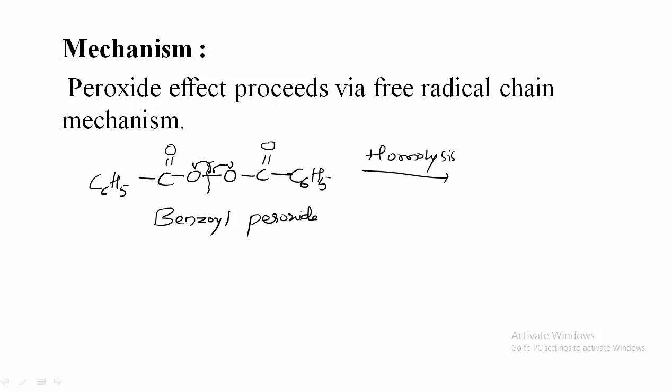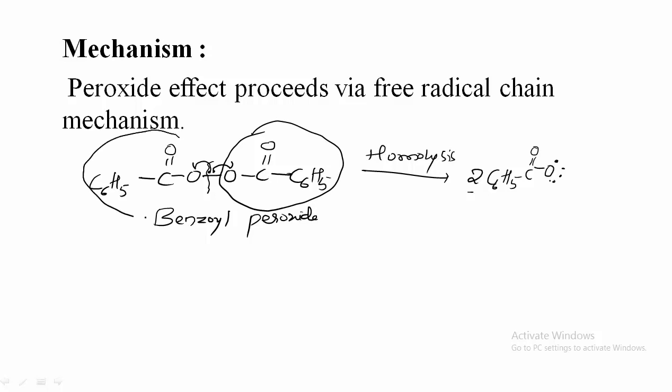Thus the oxygen consists of an unpaired electron, or odd electron, and thus it will form a free radical, given as 2 C6H5COO•. As you know, it consists of one odd electron, and I have written 2 because 2 moles will be formed.